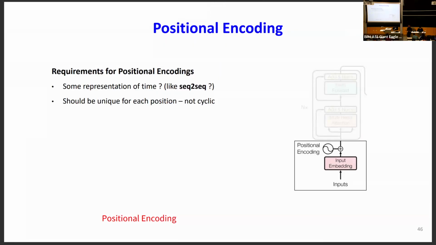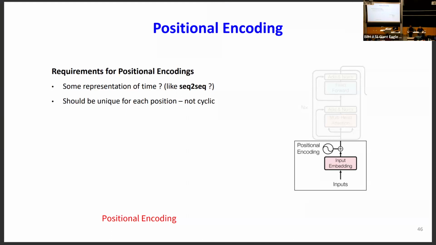So now that you look at these positional encodings, what are the minimum requirements that you have for them? First of all, as we saw from our seq-to-seq model, there should be some representation of time, which tells that, okay, A came first and then B came. Second of all, it should not be cyclic in nature. It should not be that after a certain point, A behaves exactly as, say, Z or something.